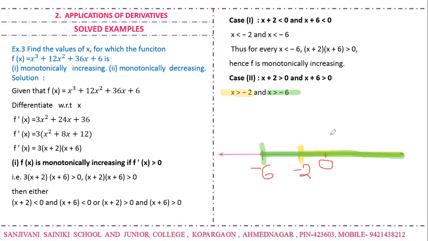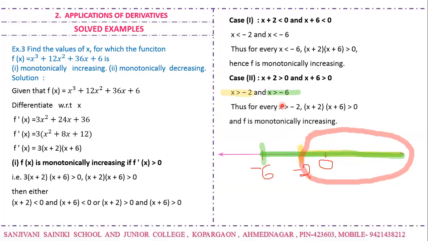Definitely the common part is x greater than minus 2. So x greater than minus 2. So here also the function is monotonically increasing.